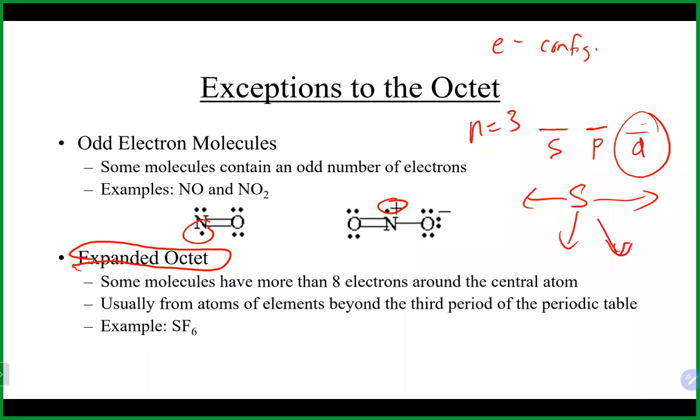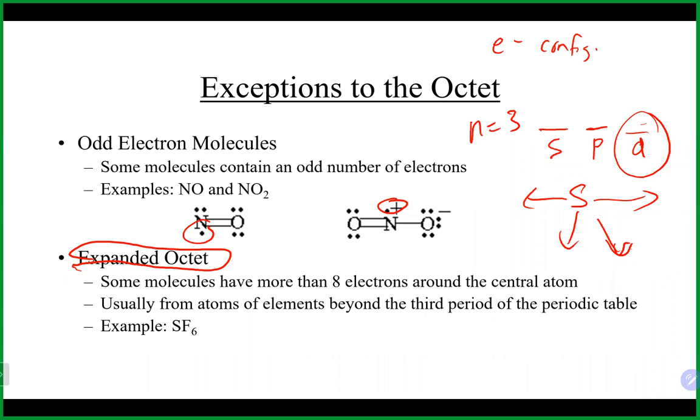So because they have d orbitals available to them, even if they're not using them, they have places to store the extra electrons. So anybody like sulfur, to the left and right and down, has the d orbitals available to them, which means they can go above 8. They could go upwards of having 12 electrons around it, 6 bonds, and that's an expanded octet.